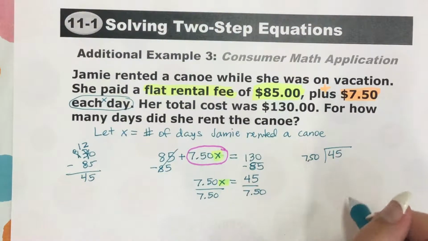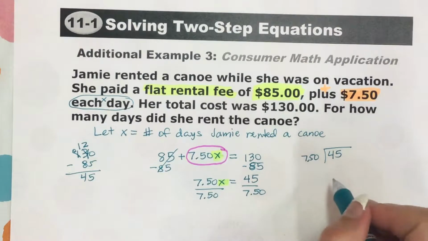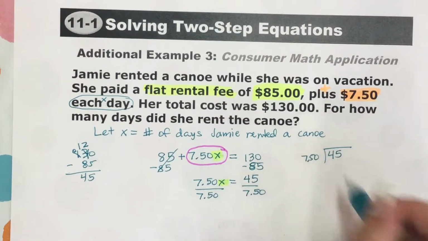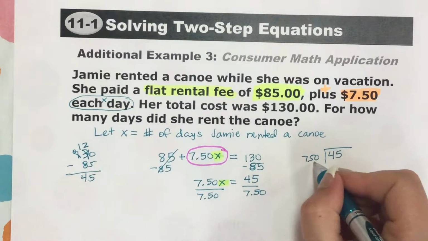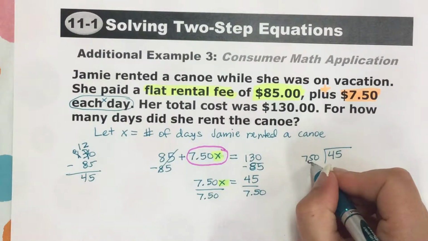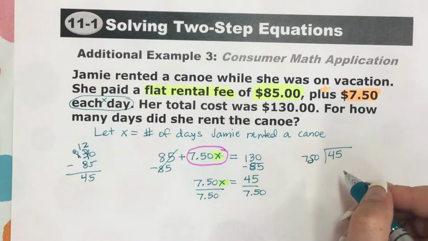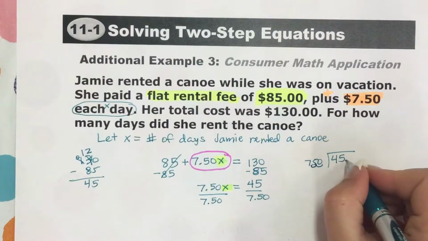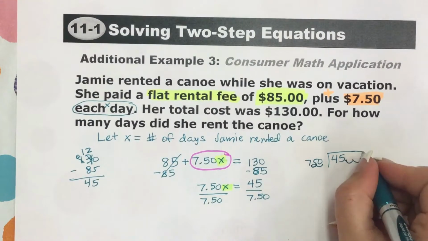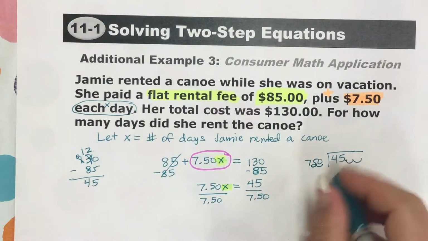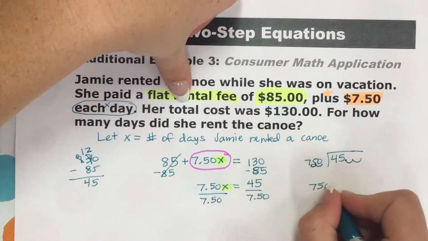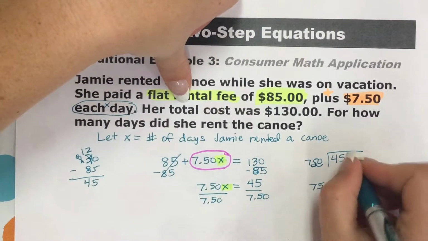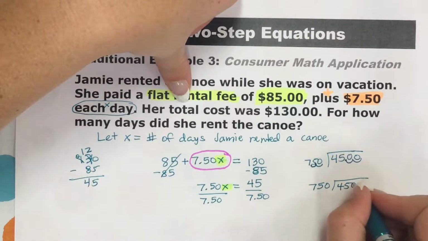And remember, whenever we're dividing, we can't divide by a decimal, so I am going to get rid of the decimal and move it over twice. So here I'm going to move it over twice. So what I'm really figuring out is, put zeros there, so 4,500.